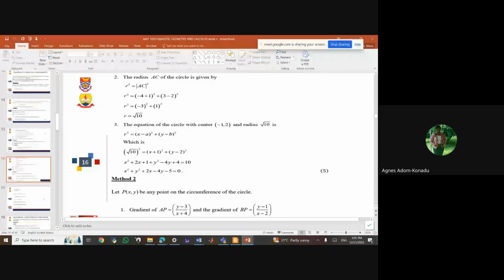Using r squared is equal to (x minus a) squared plus (y minus b) squared, I will do the substitution. I'm going to get square root of 10 squared is equal to (x plus 1) squared plus (y minus 2) squared. After expansion and simplification, you're going to get x squared plus y squared plus 2x minus 4y minus 5 is equal to 0.